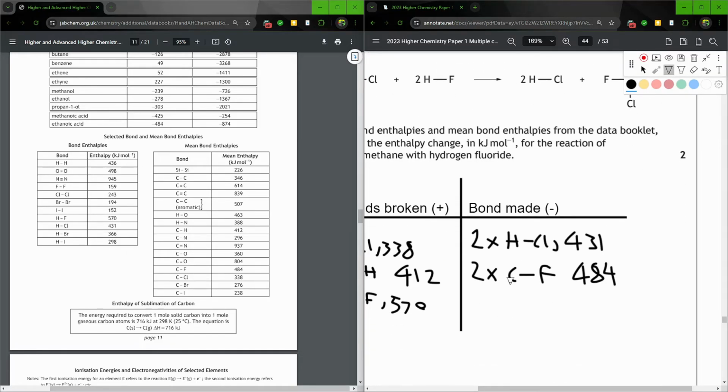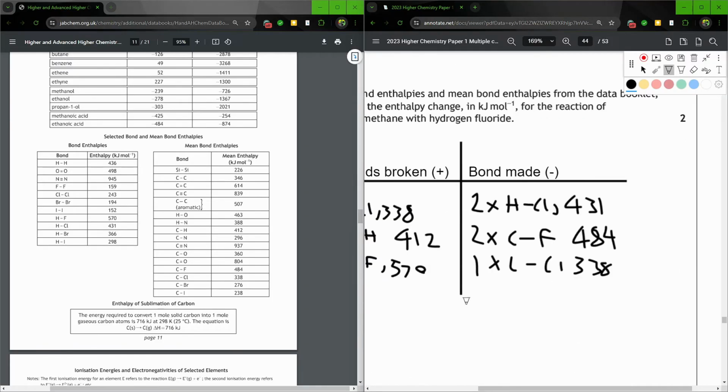And then we have 1 carbon to chloride bond, which we've already established is 338. And then we have 1 carbon to hydrogen bond, which is 412.